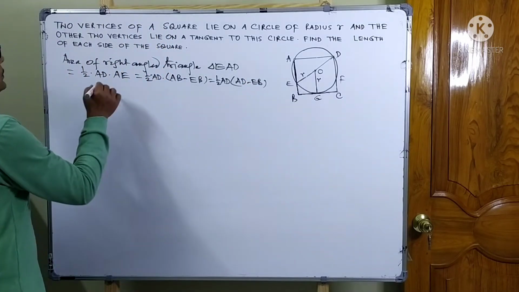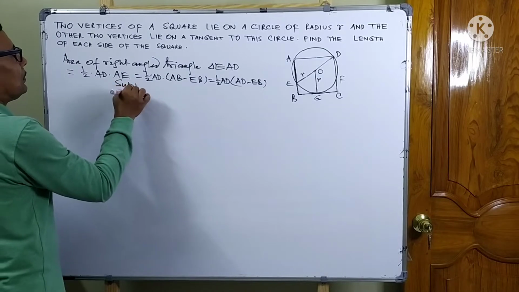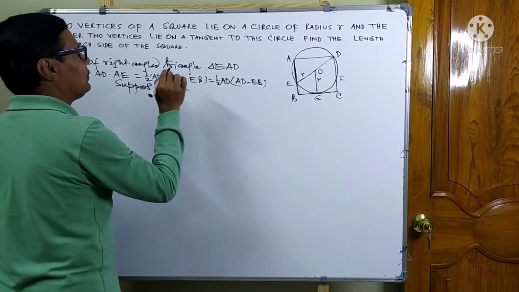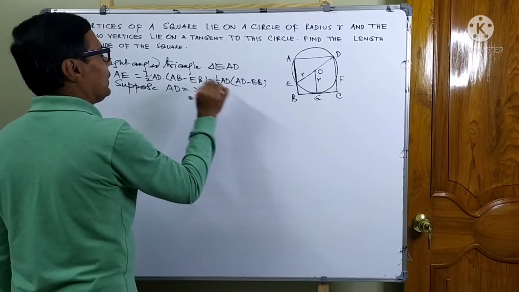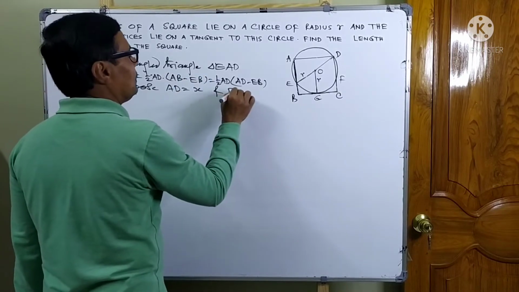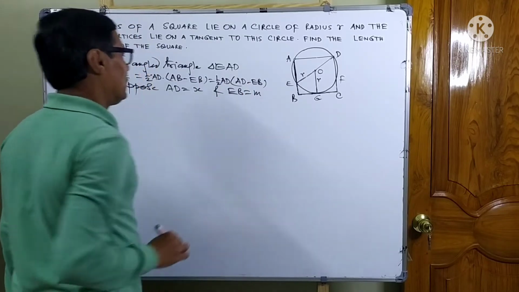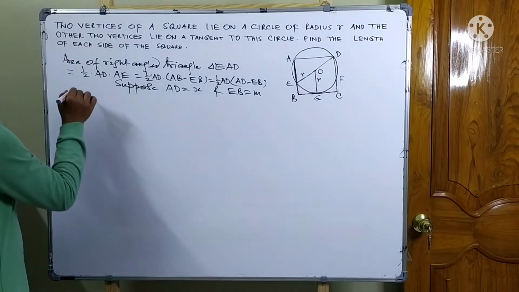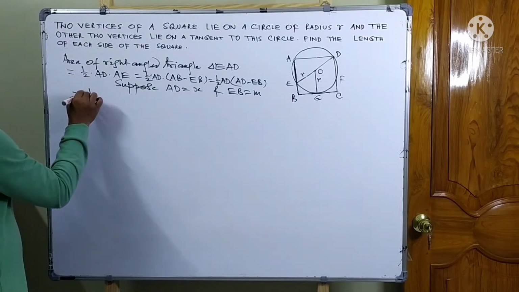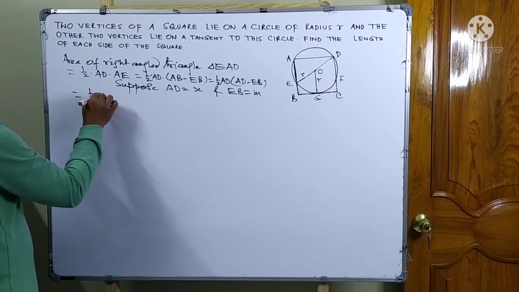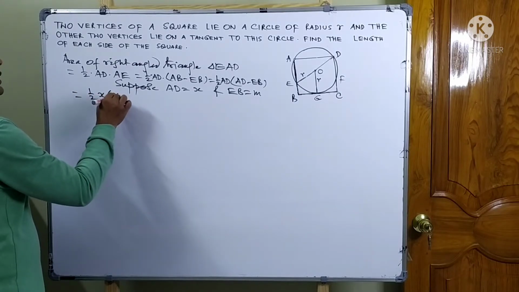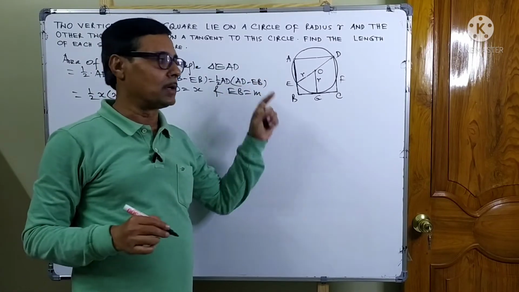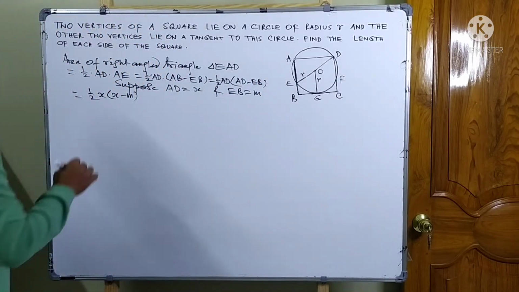Now, suppose AD equal to x and EB equal to m. So, this area is equal to half x multiplied by x minus m.